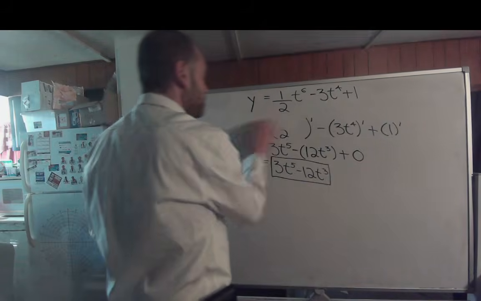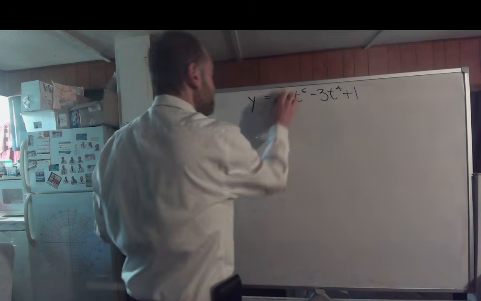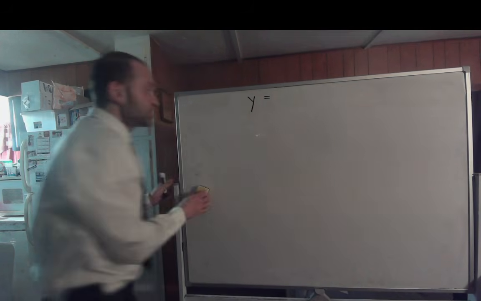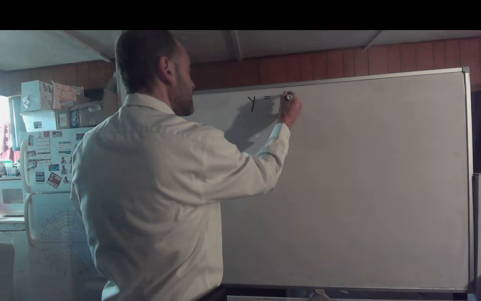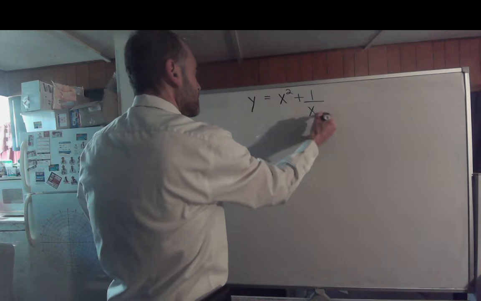All right, let's do a couple with the dy dx notation. I'll show you how that works. So y equals x squared plus 1 over x squared.